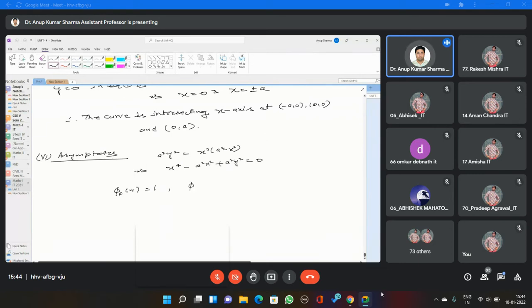The third degree term phi 3 of m has no term, and phi 2 of m is minus a square m.